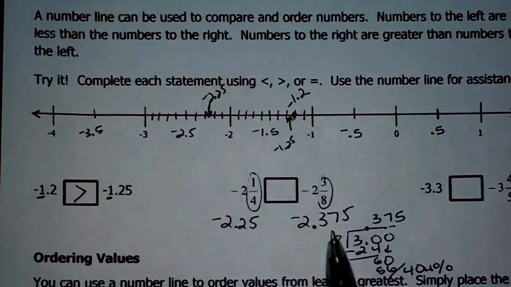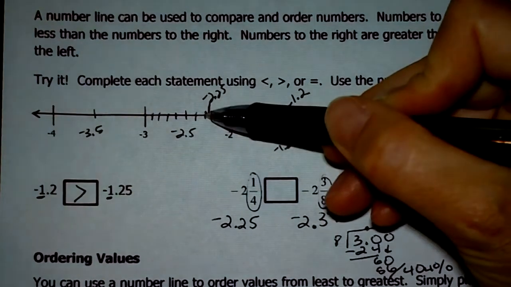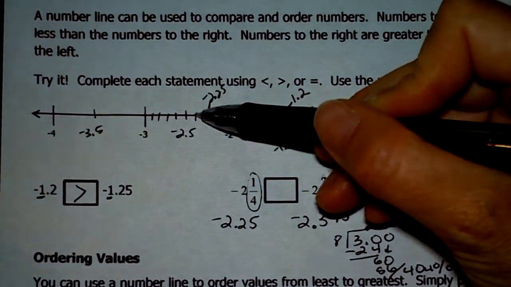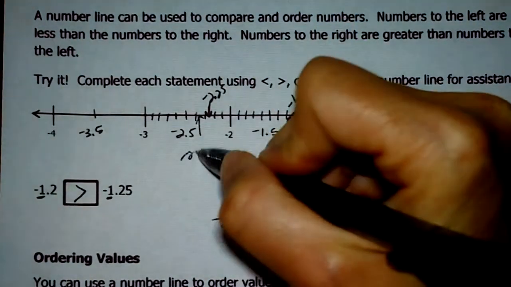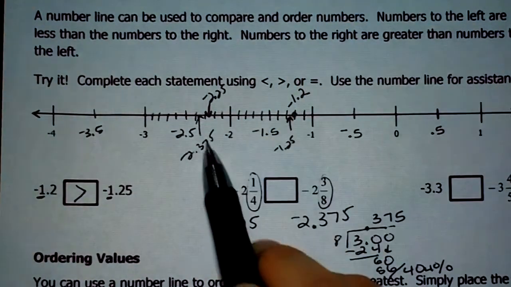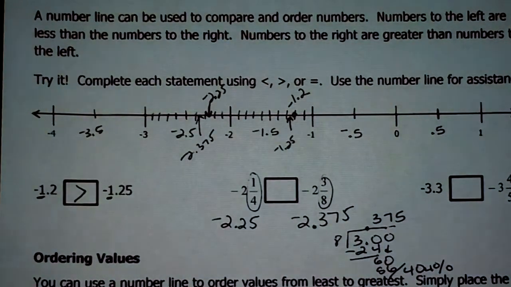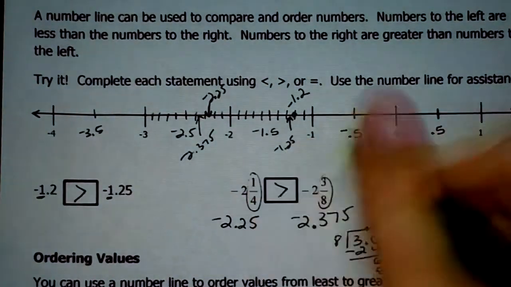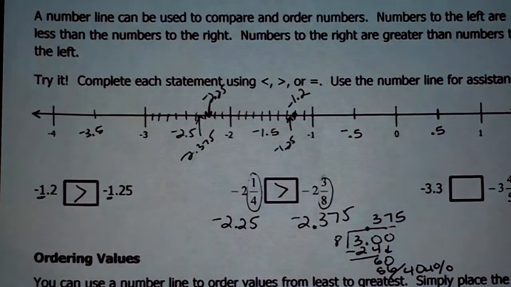If you have negative 2.375, here is negative 2.3, here's negative 2.4, negative 2.375 is going to be just a little below that. So, negative 2.375 is further left, that means it's less. So, it's going to point at that again and say, haha, I am greater than you. I know, it's very mean, so sad.